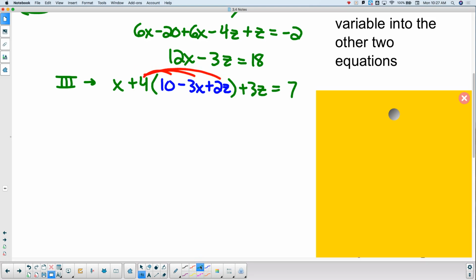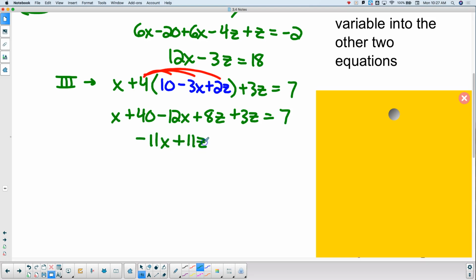That gives me x plus 40 minus 12x plus 8z plus 3z equals 7. I got negative 11x plus 11z equals negative 33.